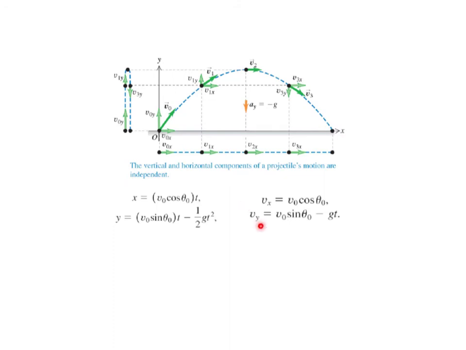Now, v in the y direction is V0 sine theta. So, v initial in the y direction, V0y, will simply equal V0 times sine theta.